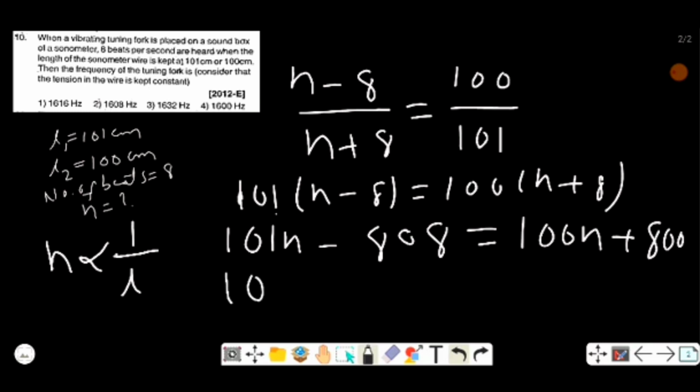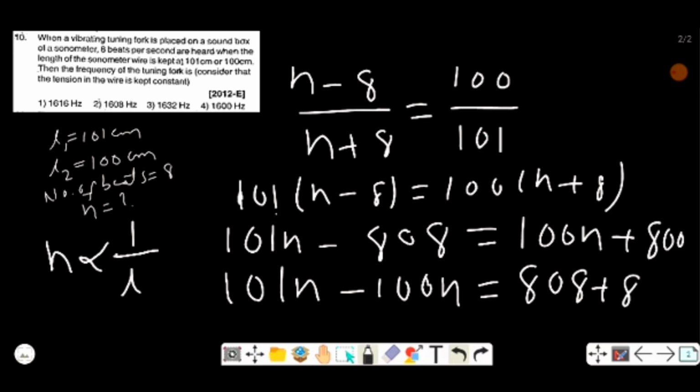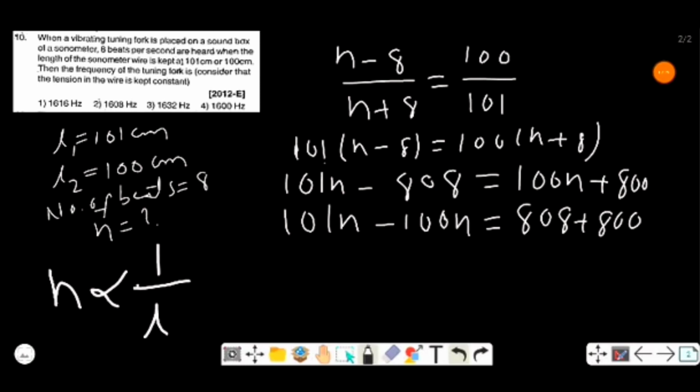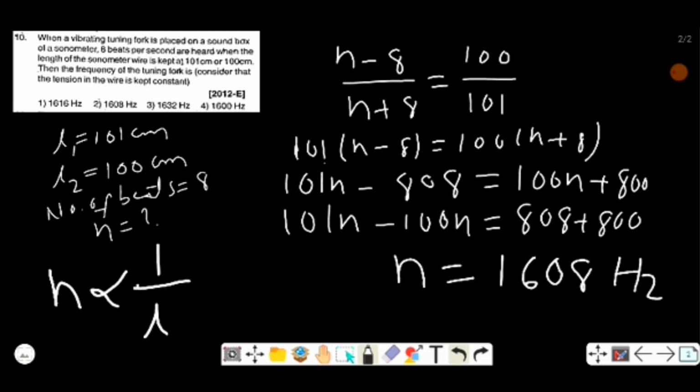So 101 n minus 100 n is equal to 808 plus 800. So 101 minus 100 is 1, so n is equal to 808 plus 800, that is 1608 hertz. This is the answer. The second option is correct.